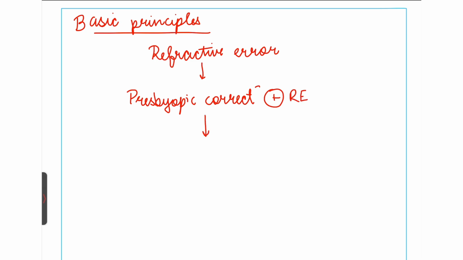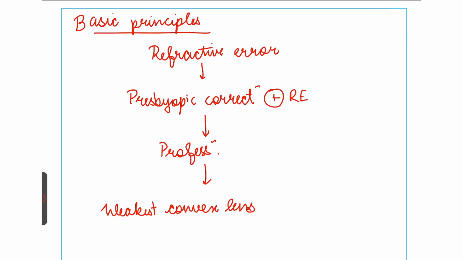The third is near point should be fixed by taking due consideration for profession of the patient. So we have to look at the profession as to how much near work he is doing. Then we provide the weakest convex lens with which he is able to see comfortably.